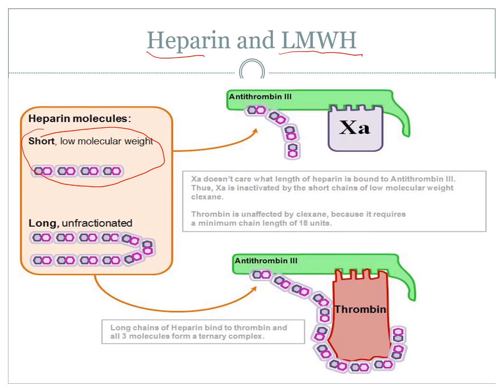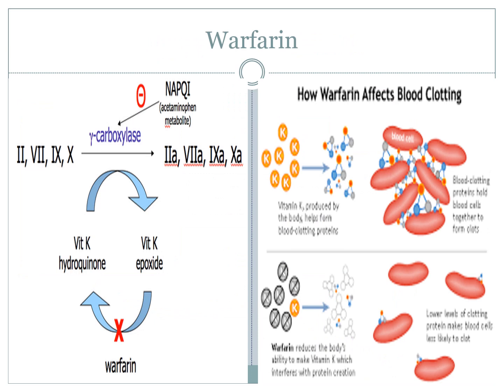Okay, moving on, we'll move on to a very common one, and that is warfarin. Now, warfarin, for something completely different, actually works on vitamin K. Vitamin K is needed in order for factor 2, the thrombin, 7, 9 and 10 to be activated.